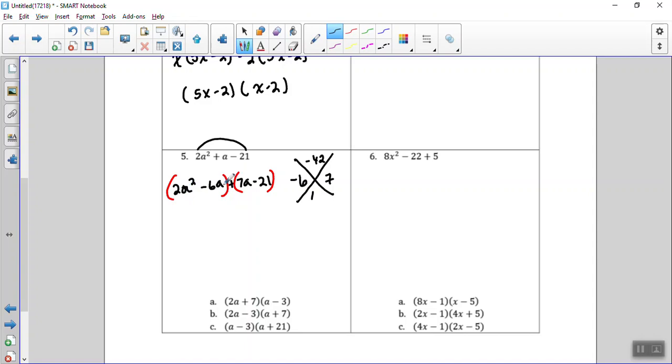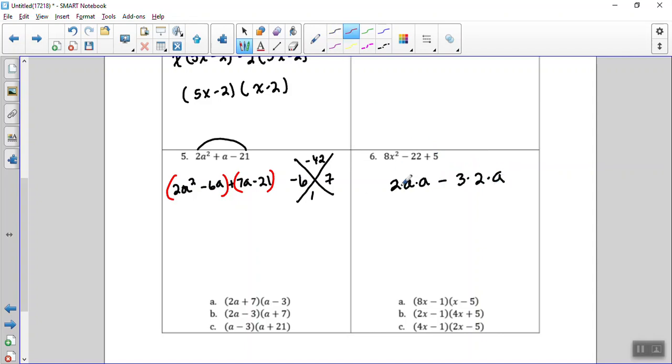Let me just show you something else here. When you're factoring stuff out, you know that you're looking for the greatest common factor. So I'm going to write 2a squared as 2a times a, basically all of the prime numbers, minus, and then 6, I can rewrite that as 3 times 2 times a.